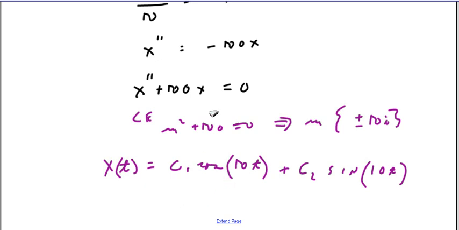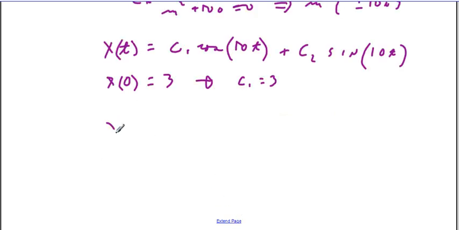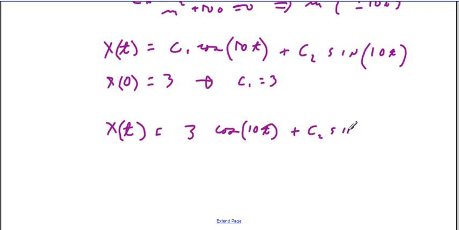All right, we'll apply an initial condition. x at 0 has to be 3, which implies that C1 is 3. Okay, so I've got x of t is equal to 3 cosine 10t plus C2 sine 10t.